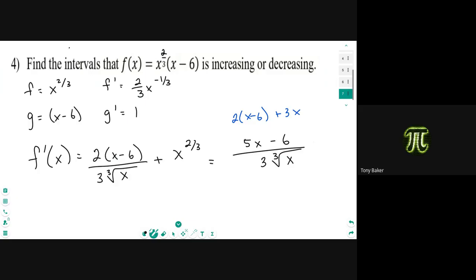Hold on a second. Oh, well, that's the machine. Wait, something was off. There we go.